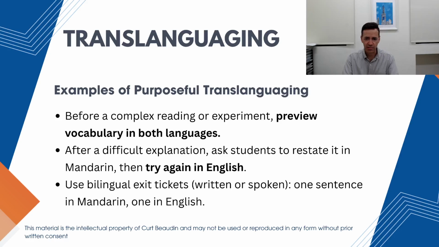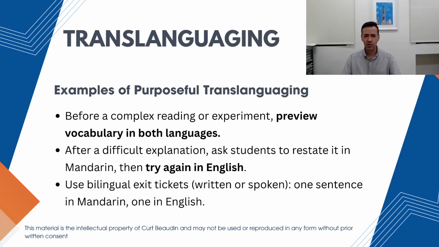After a difficult explanation, ask students to restate it in Mandarin and then try again in English. And you can have maybe a very high level student say it in English, and then you can ask another student in the class, could you summarize that using Chinese? Make sure everyone can understand.